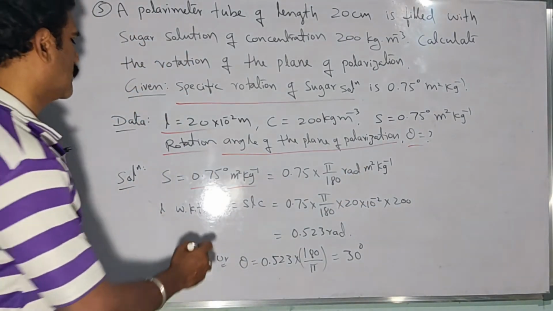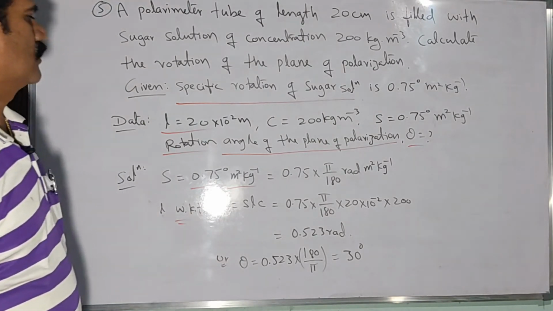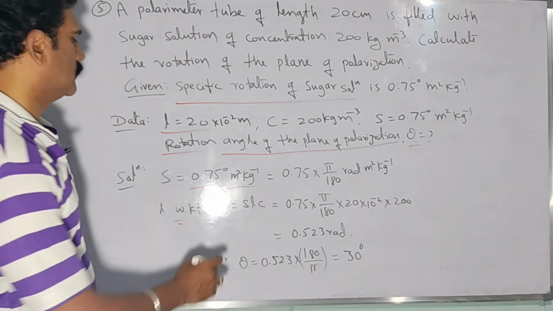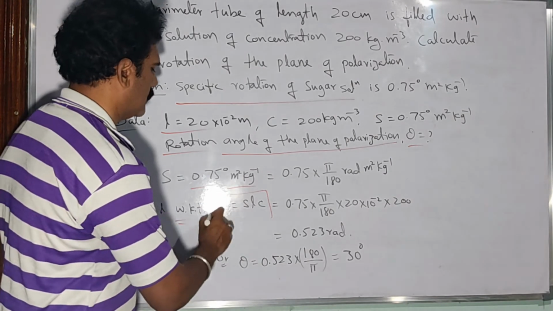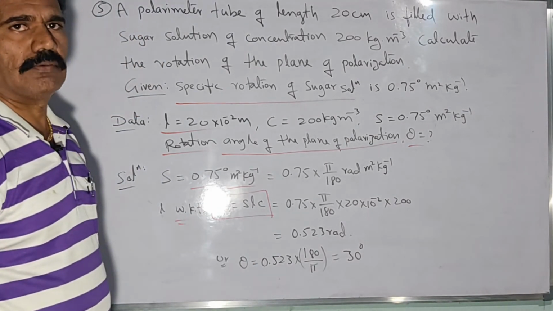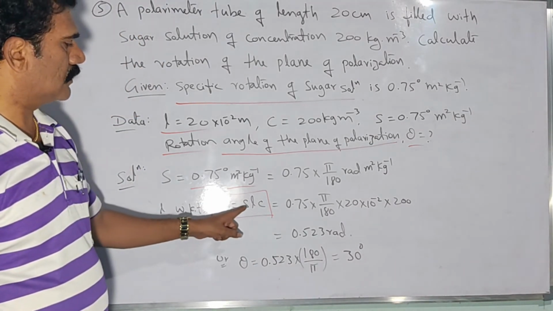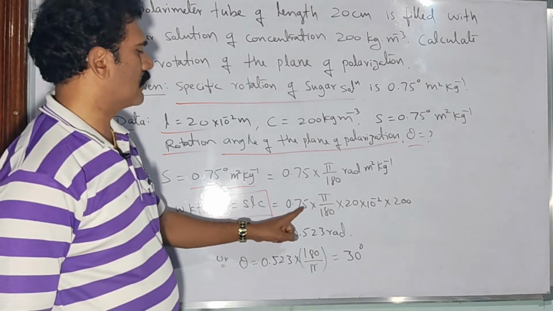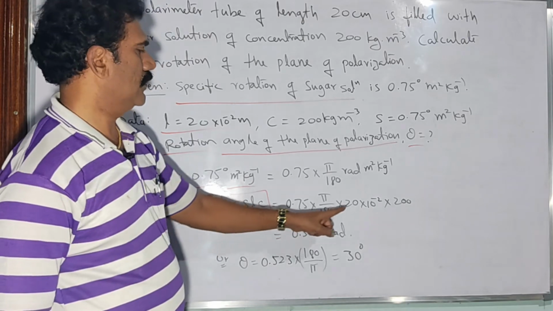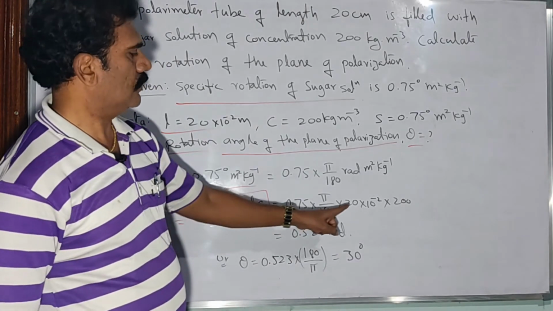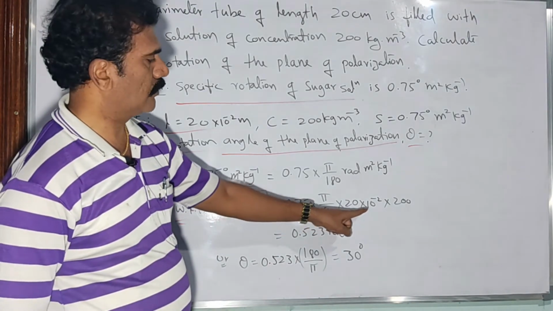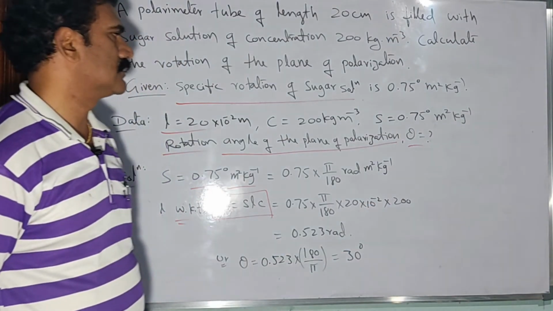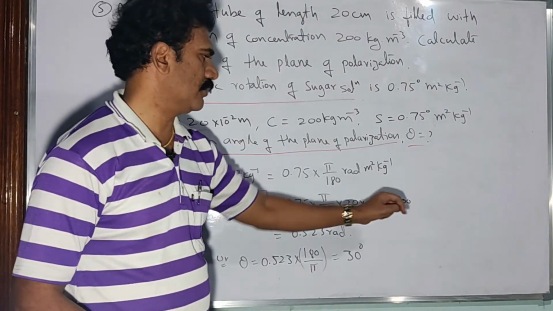Now what is the equation for the rotation of the plane of polarization? Theta is equal to S into L into C. You should remember this formula, theta is equal to SLC. Now S in radians is 0.75 into pi by 180, into L, the length of the polarimeter, 20 into 10 to the power of minus 2, into concentration, 200 kg per meter cube.